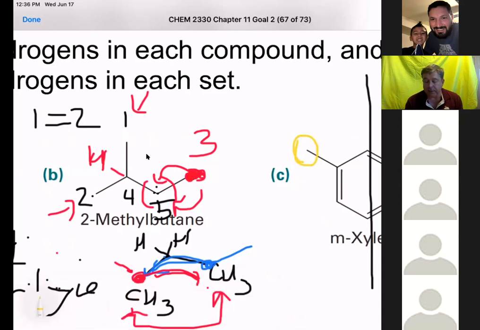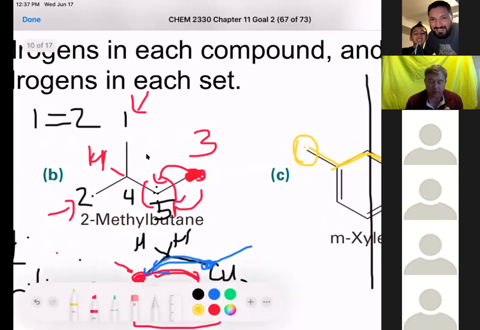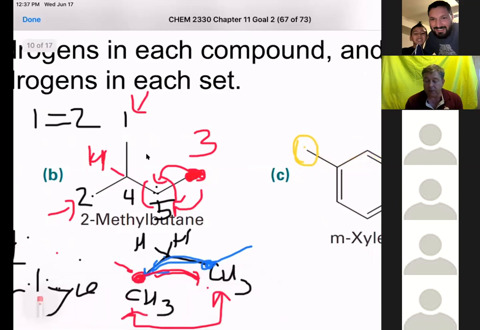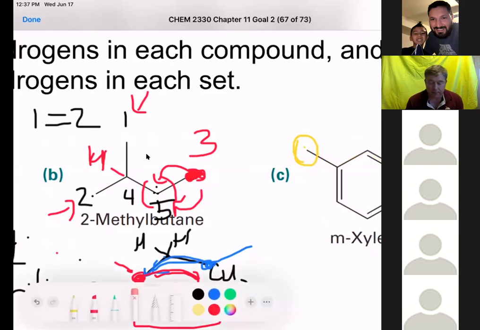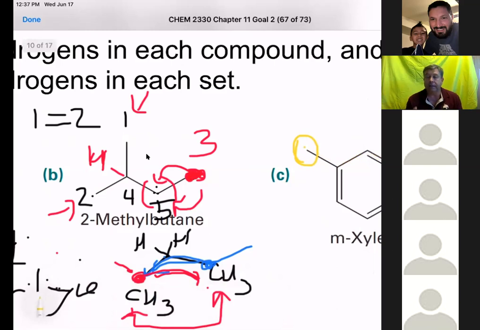Because if you look at the connections, 1, 2, 3 is the same as the 1, 2, 3 in that direction, and it would be the same if you went around the other way. So those two methyl groups are equivalent structures because they have the same number of connections going in the same directions, okay?